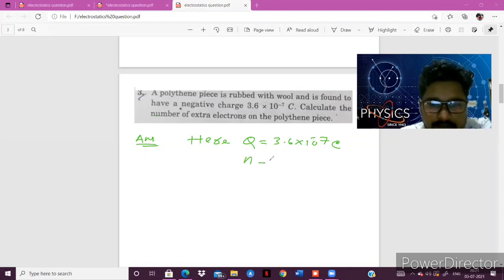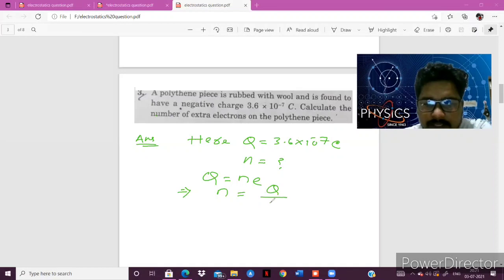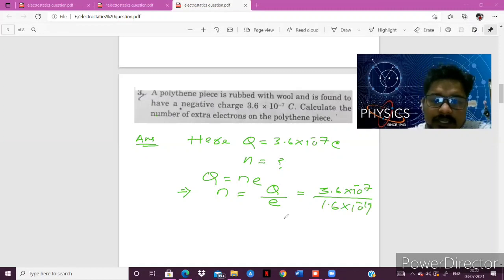According to the quantization of charge, Q equal to Ne, which implies that N equal to Q by e. So this is equal to 3.6 into 10 to the power minus 7 divided by the charge of an electron, 1.6 into 10 to the power minus 19.